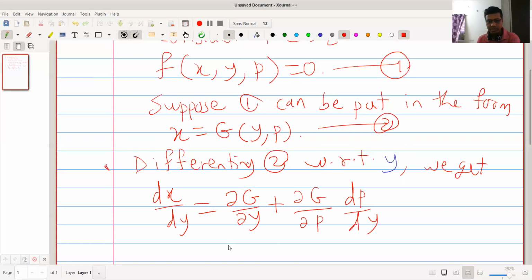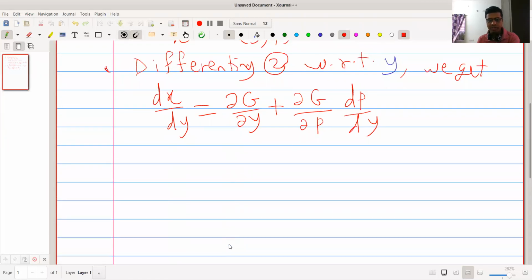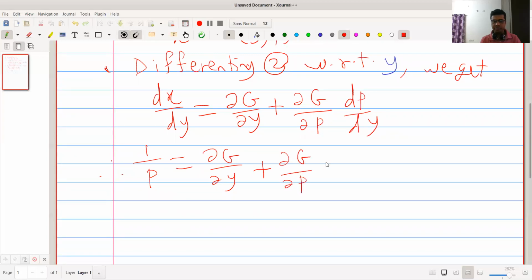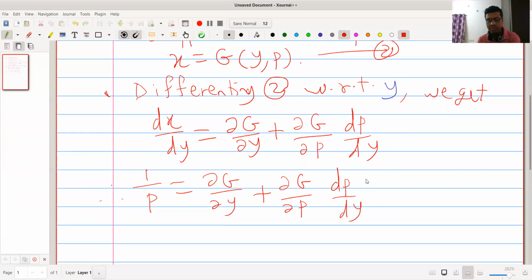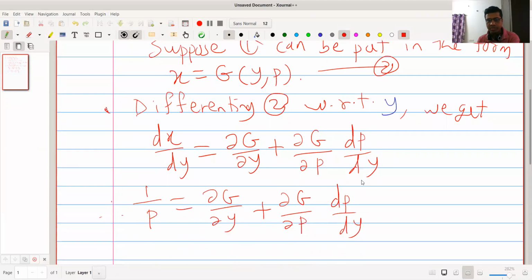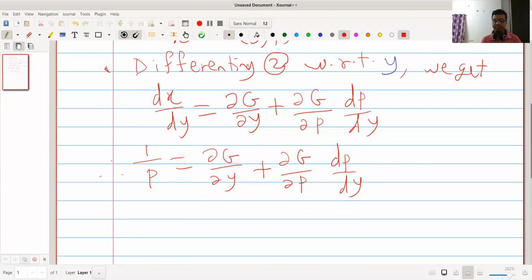Now left hand side is dx upon dy. Dx by dy is 1 upon dy by dx. So it is 1 upon p equal to del g by del y plus del g by del p into dp by dy. So we give this equation number 3.